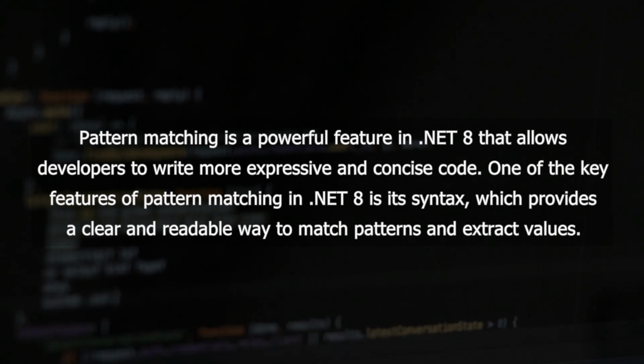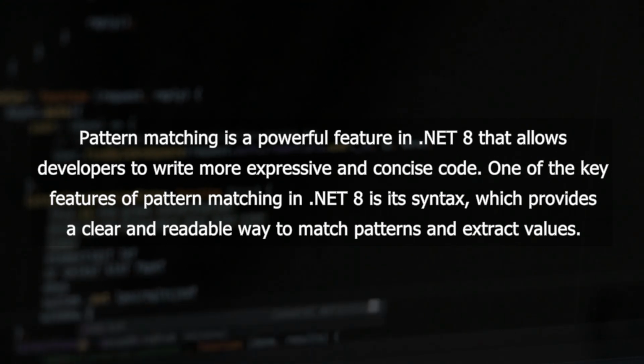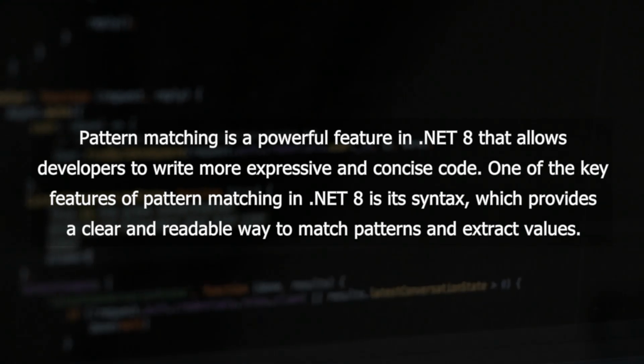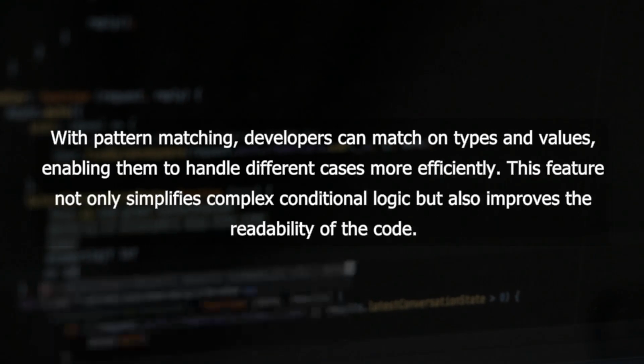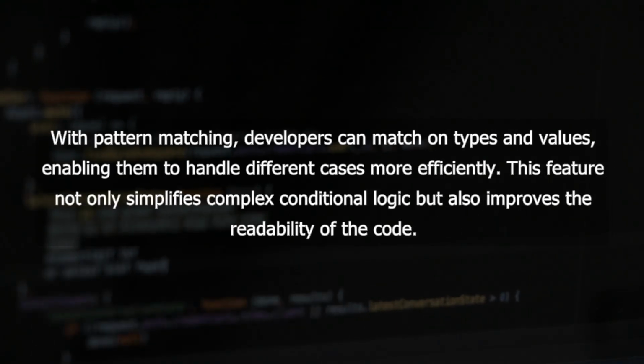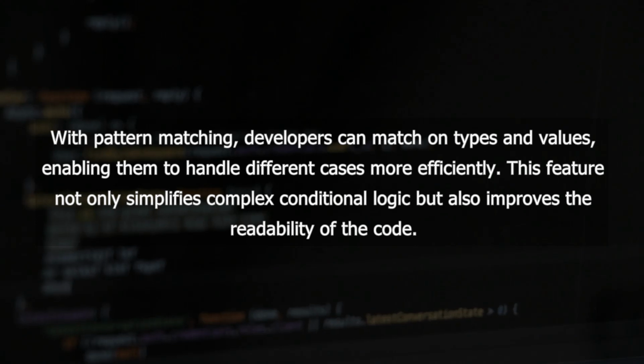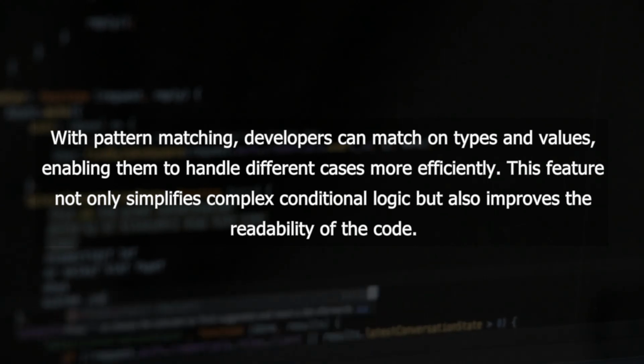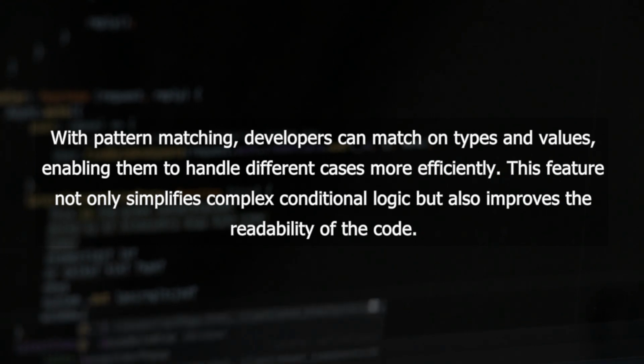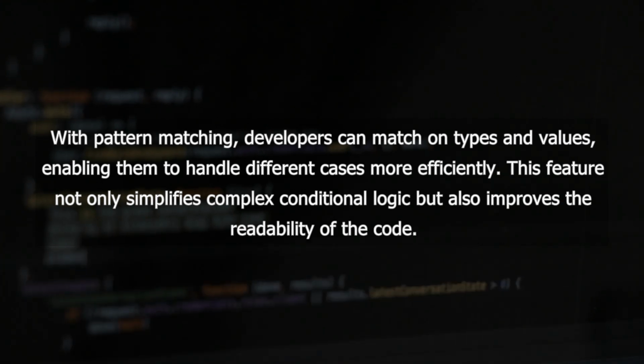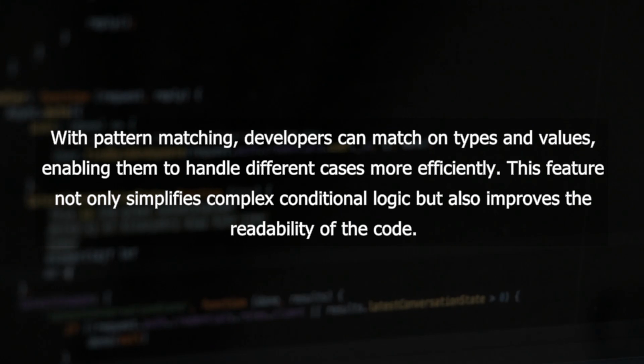One of the key features of pattern matching in .NET 8 is its syntax, which provides a clear and readable way to match patterns and extract values. With pattern matching, developers can match on types and values, enabling them to handle different cases more efficiently. This feature not only simplifies complex conditional logic but also improves the readability of the code.